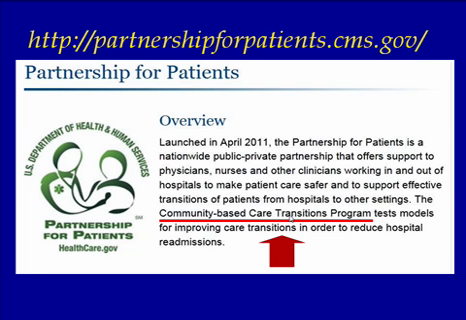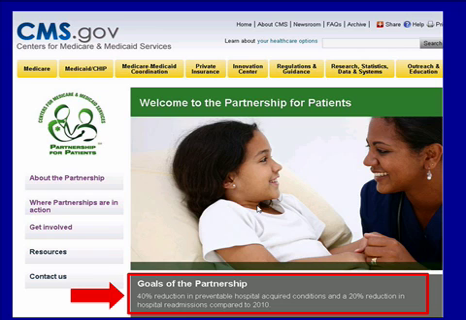So the Partnership for Patients, again, started in 2011 to really think carefully about models to improve care transitions with the aim of reducing hospitalization. And this is just a screenshot of the website.